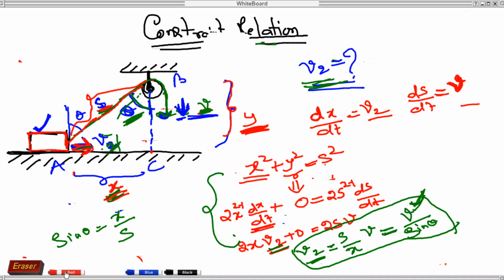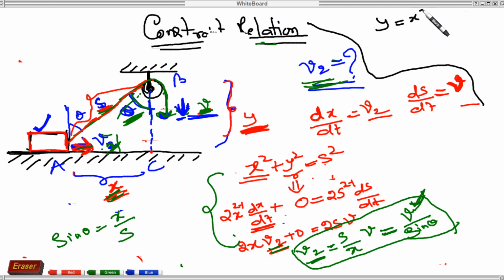I should tell you one thing about differentiation. Suppose y is equal to x square, and we will be differentiating it with respect to time. I told you it will become 2, we put it in front, and 1 we are going to subtract from the power, and it will become dx over dt.